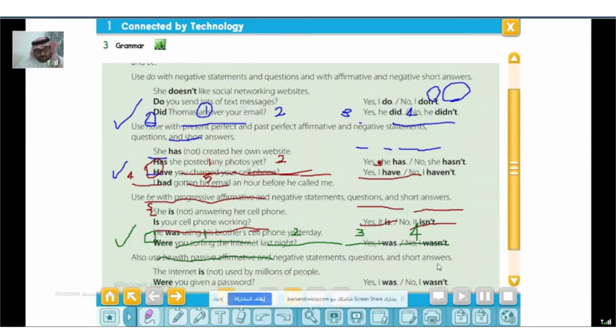And number four, answers. Okay, number two is a negative statement. Okay, sorry. Number one, number two, number three, number four. Sorry. Let's reset this.